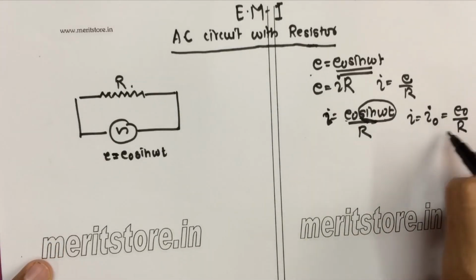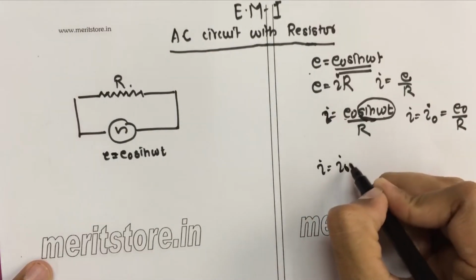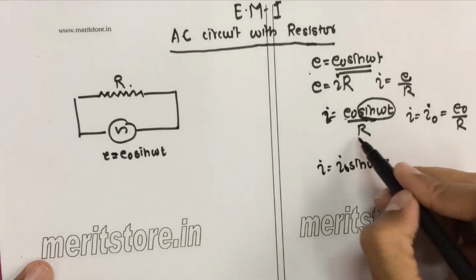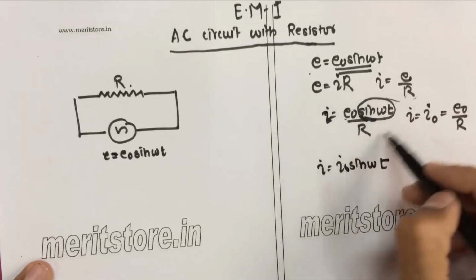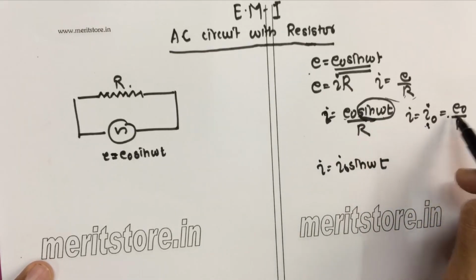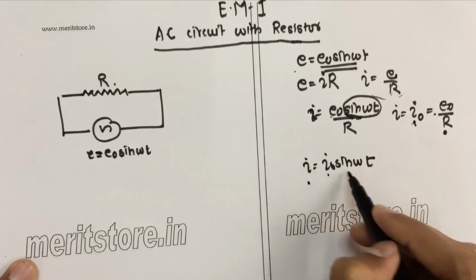If you put this in the equation, you get I equals I naught sine omega t. You can write I naught equals E naught upon R, as a result of which your I will become I naught sine omega t.